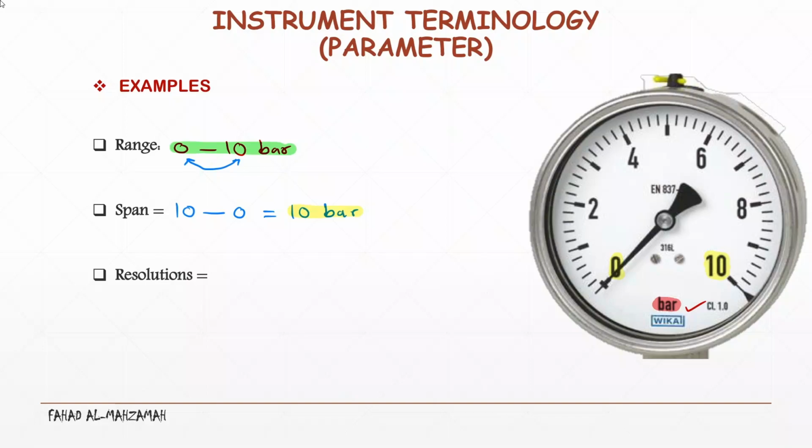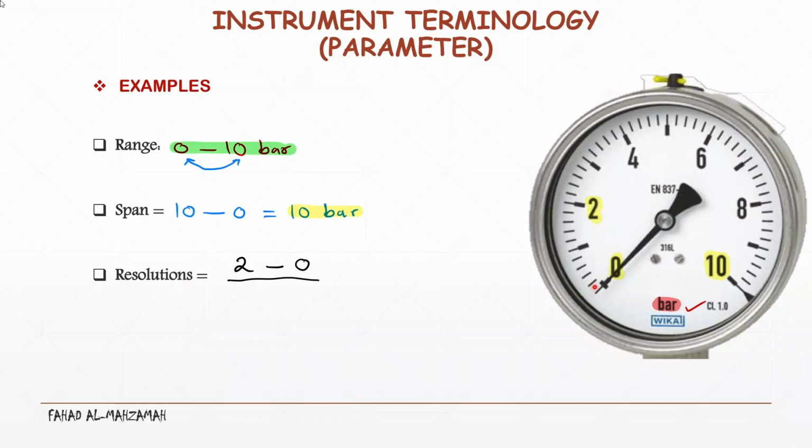Now let's see the resolution. The resolution says that you take the difference between two consecutive values, for example, from 0 to 2. So the difference between them is 2 minus 0, divided by how many spaces or divisions between them. Let's count.